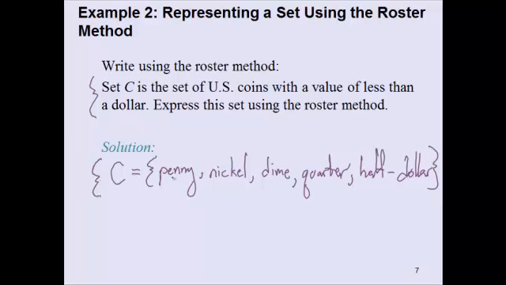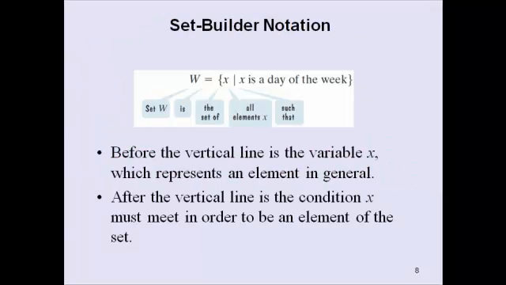Okay? So those are the first 2 types of methods that we have for representing a set. Now we want to use a slightly more mathematical idea, right? We're going to use this idea of set builder notation. Okay, it's very formal, but it allows us to kind of bridge the gap between the roster method and the word method in mathematics.